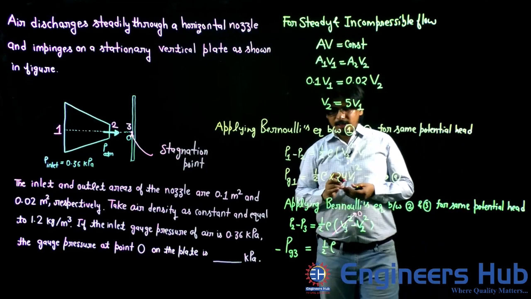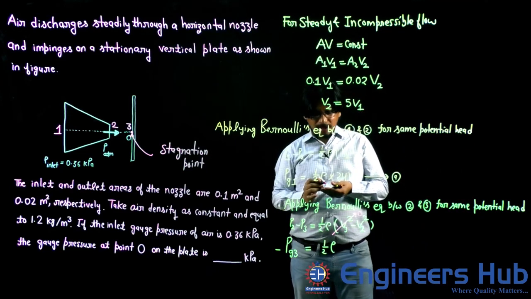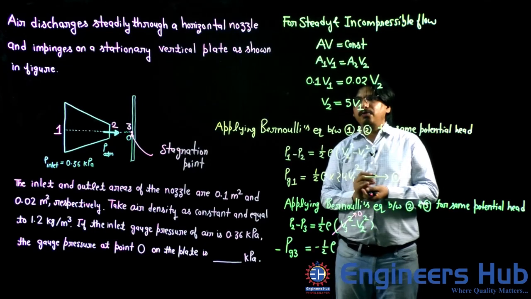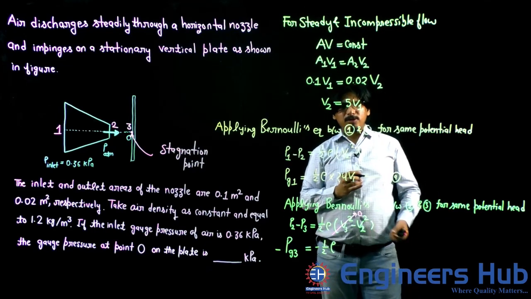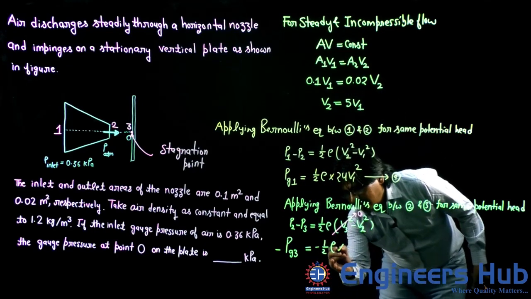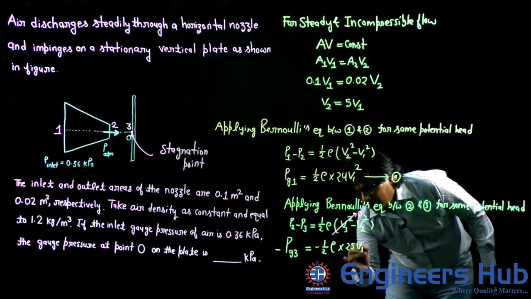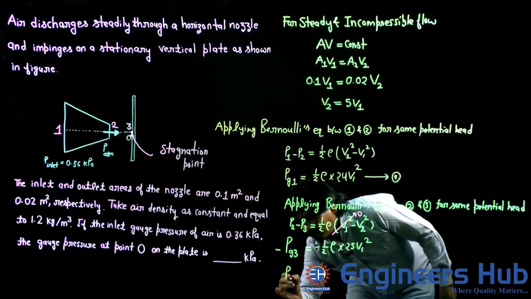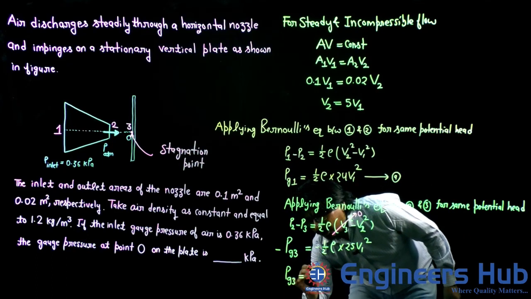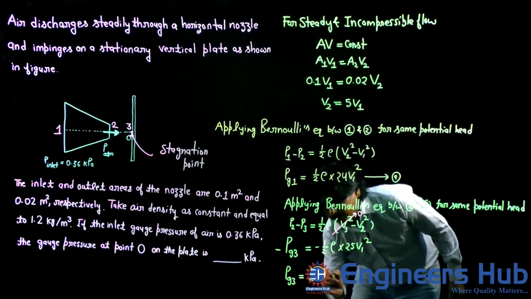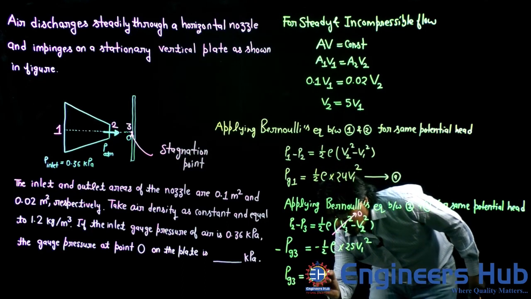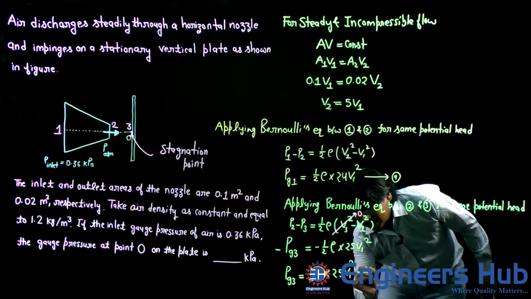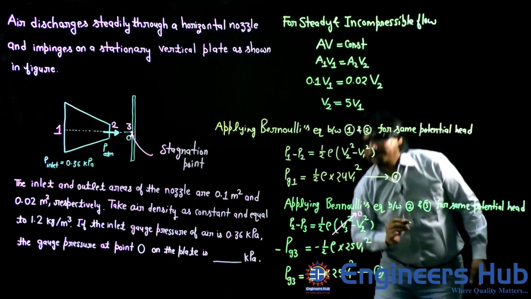So minus V2 square. V2 is 5 times V1, so minus 25 V1 square. So basically, we are getting Pg3 equal to half rho into 25 V1 square, my friends. Let us suppose this is equation number B.